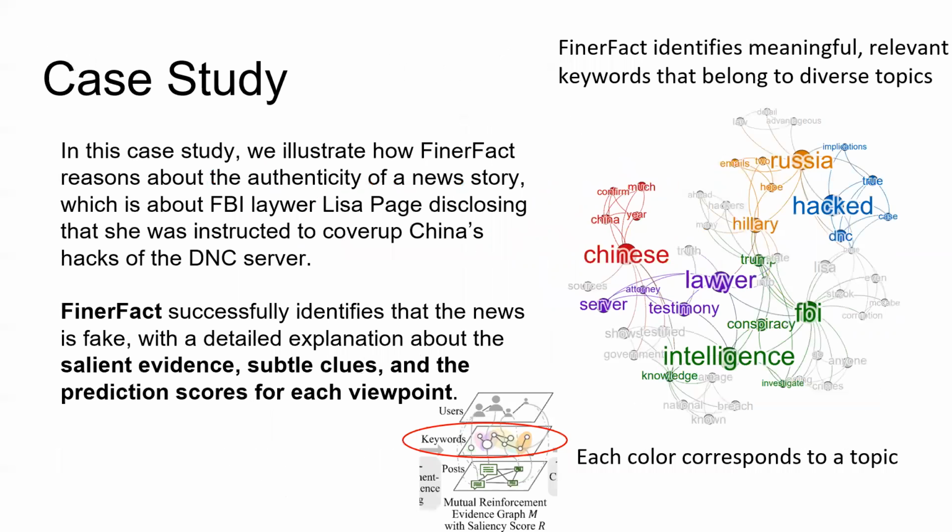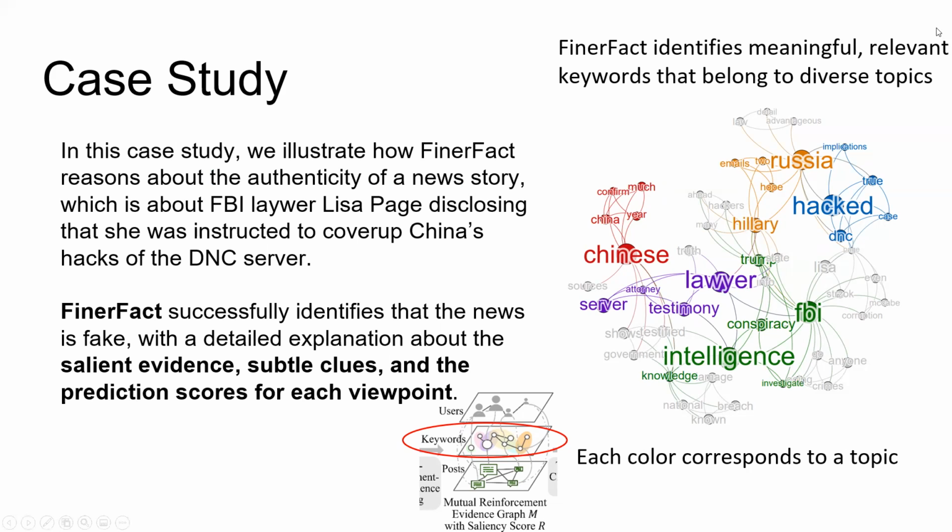So this is a case study about how FinerFact reasons about the authenticity of a news story. This is about FBI lawyer Lisa Page disclosing that she was instructed to cover up hacks of the DNC server. From this case study, FinerFact can successfully identify that the news is fake, with a detailed explanation about the salient evidence.